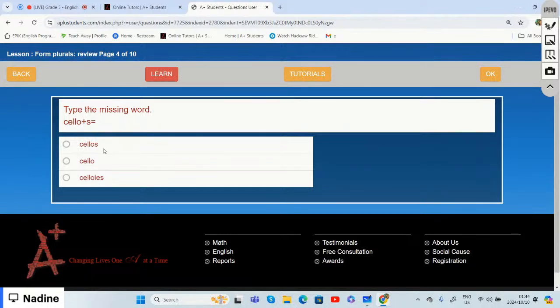And then here the next one says cellos. Is it option one, two, or three? Cellos. Option one, two, or three.